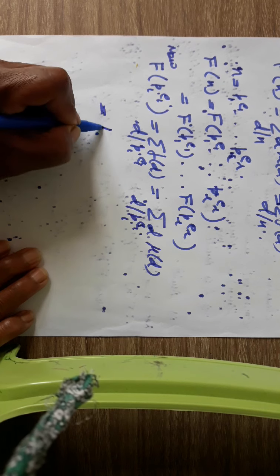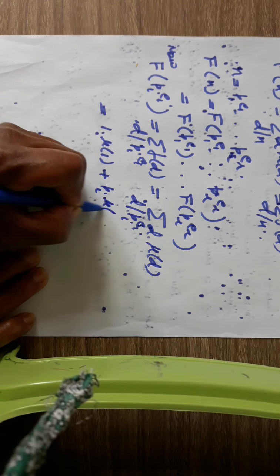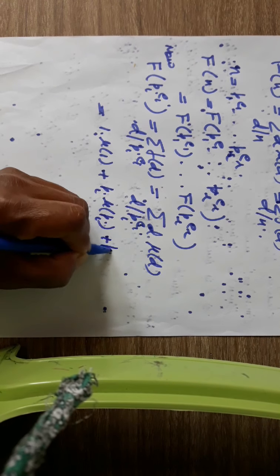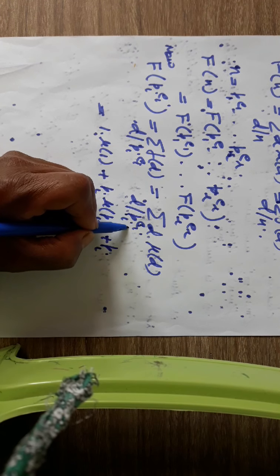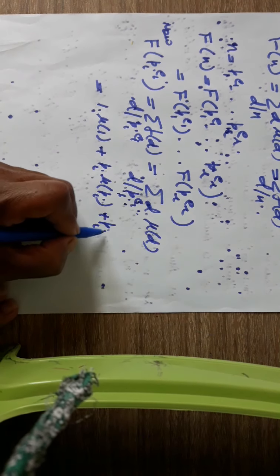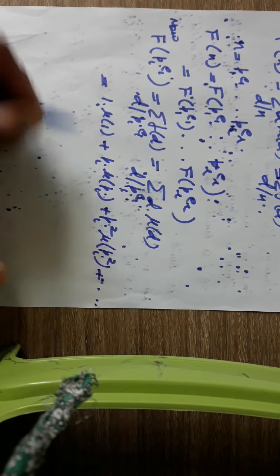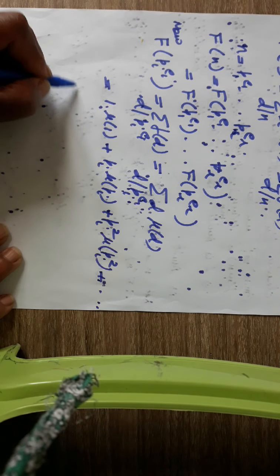So this is equal to 1 into mu of 1 plus pi into mu of pi plus pi square into mu of pi square and so on, because the divisors of pi to the power ei are 1, pi, pi square, and so on up to pi to the power ei. But from the pi square term onwards, the terms will be equal to 0.